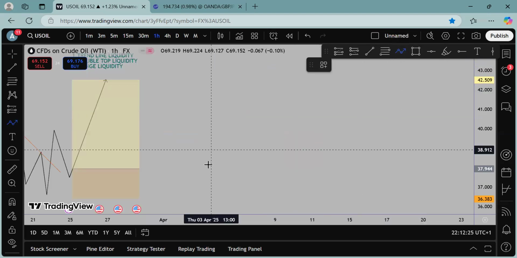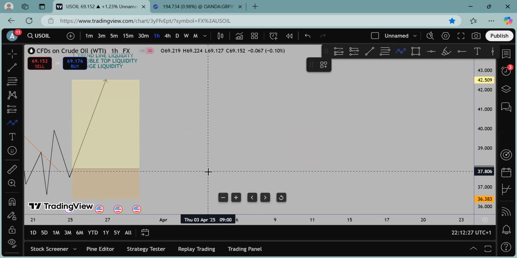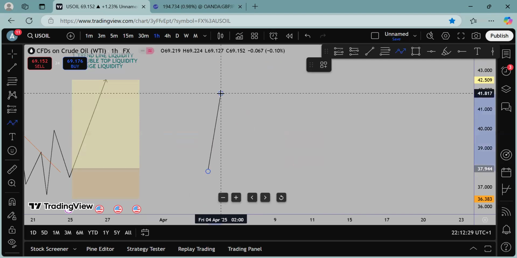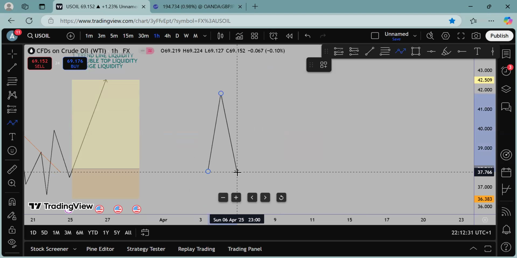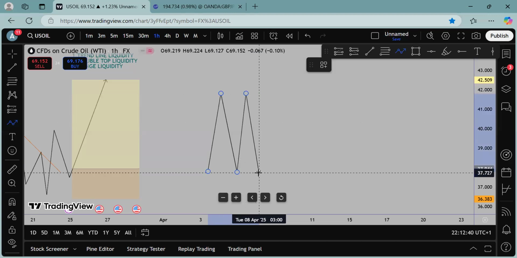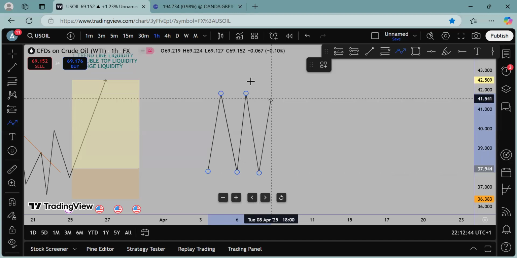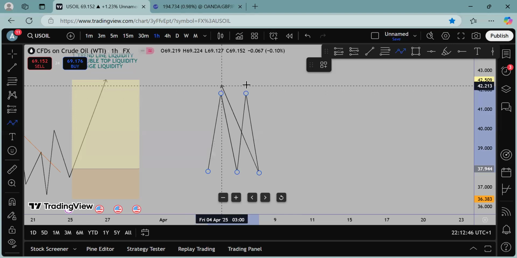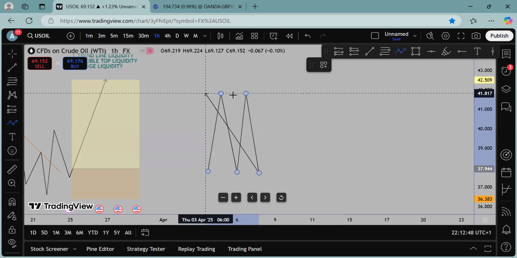So we have another one, the double top liquidity. When you have a trade where your price is moving like this, right? It's moving like this. When you're anticipating taking this kind of trade, do you know this place is now serving as a resistance?